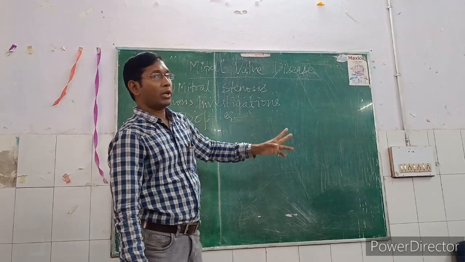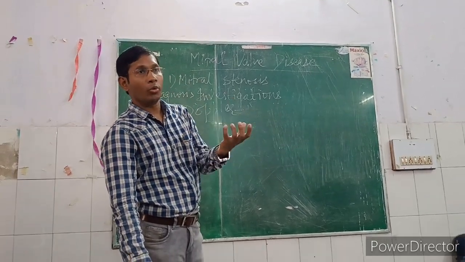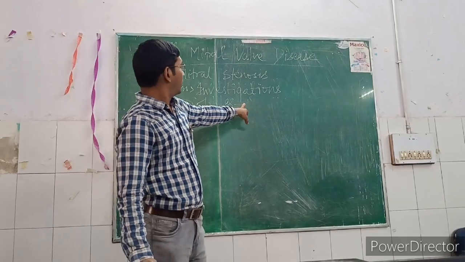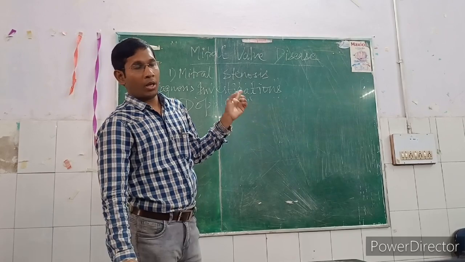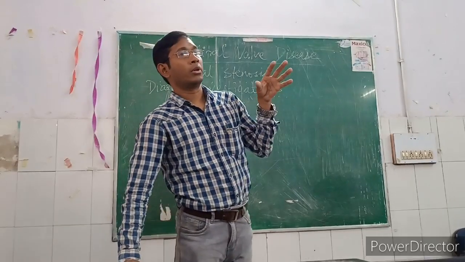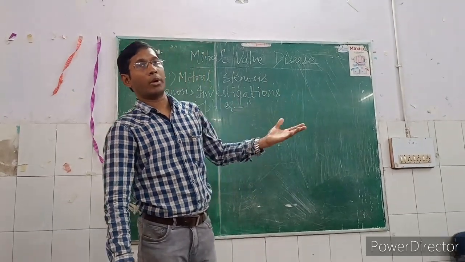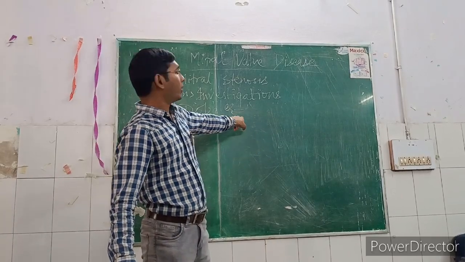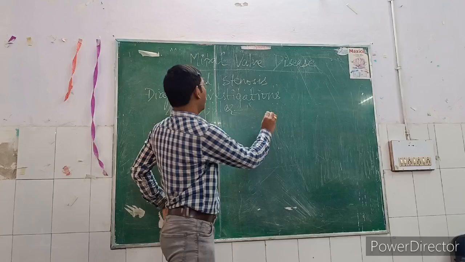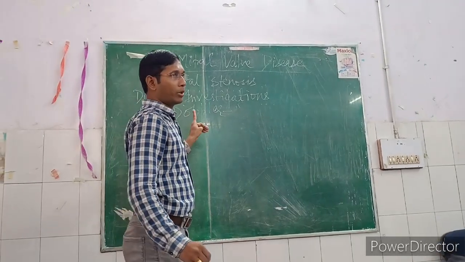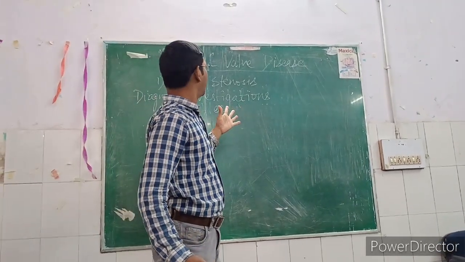So in mitral stenosis, the pressure gradient will be more. And number two, it measures pulmonary artery pressure. So in case of complication of pulmonary arterial hypertension, there will be pulmonary arterial hypertension findings in Doppler.